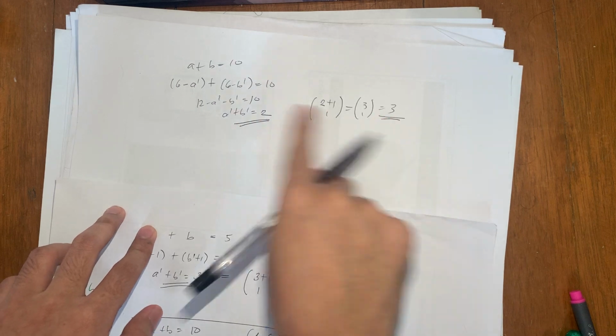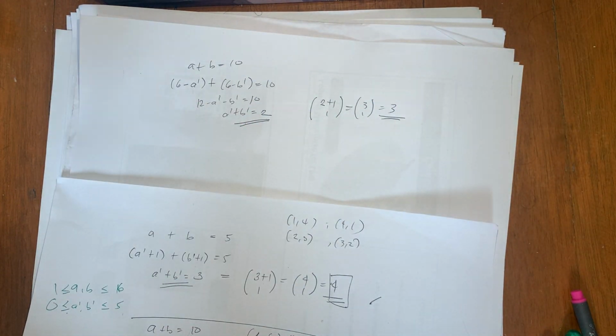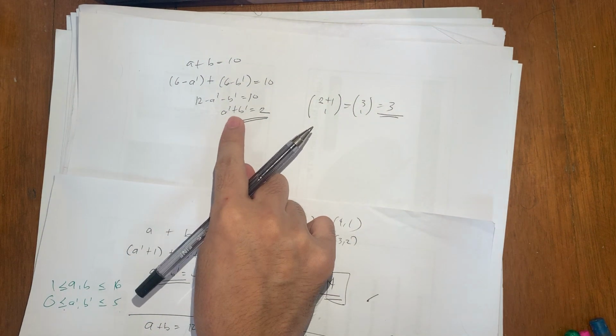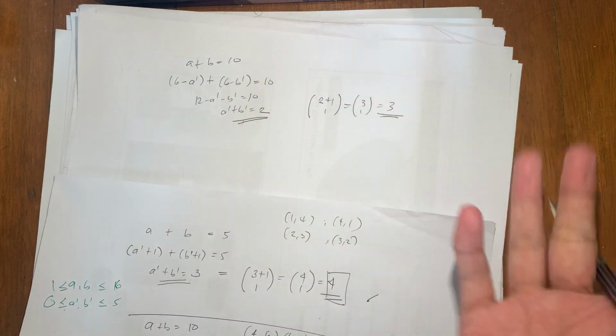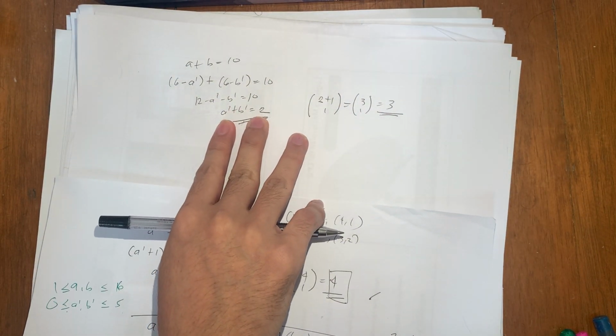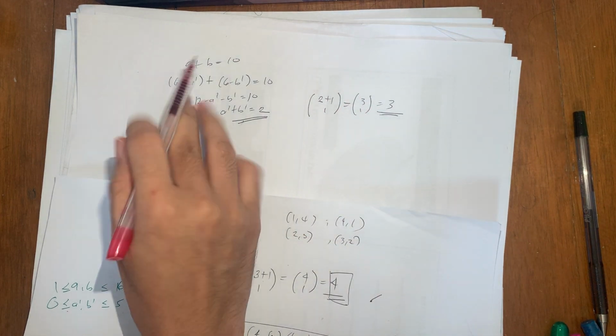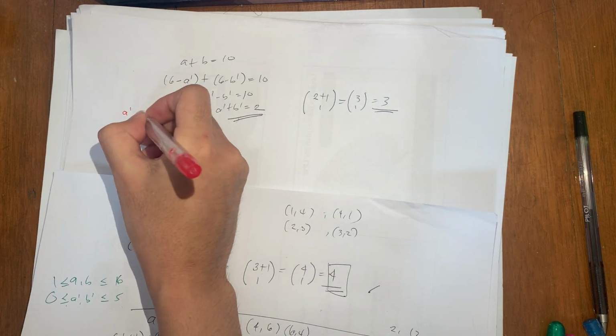So ito, nagdiretso na lang tayo nang nakuha natin to. Bakit wala ng principle of inclusion and exclusion for this one? Kasi wala namang values a prime and b prime for this equation na mag-violate sa constraint natin. By the way, I forgot to note yung values natin for a prime and b prime.